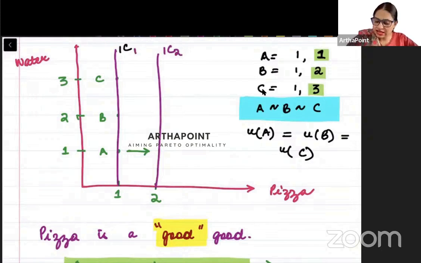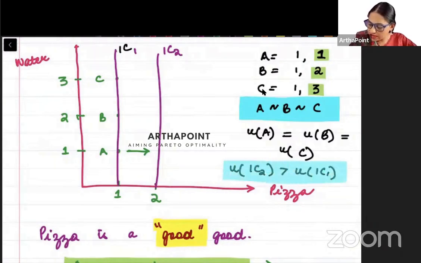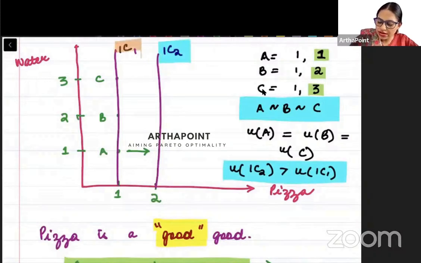So I can say that my utility from indifference curve 2 is more than my utility from indifference curve 1. IC2, that means indifference curve 2, will give me more utility than indifference curve 1. This is what we can say. Is it clear, beta? Clear hui ye baat? So this is how we can draw the indifference curve of neutral goods.